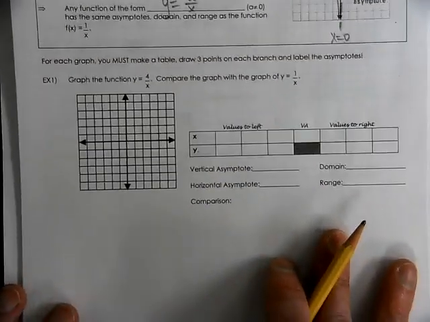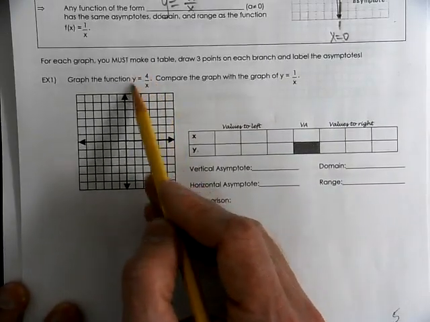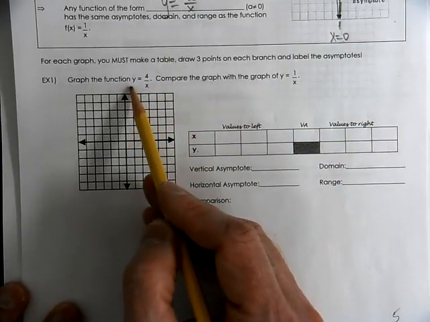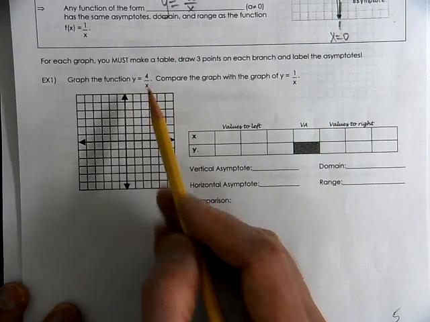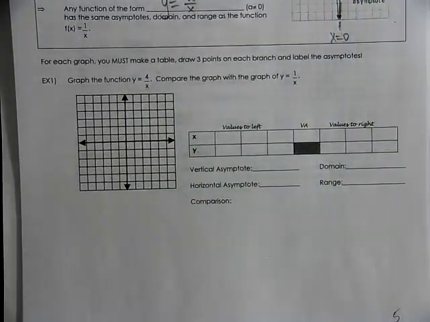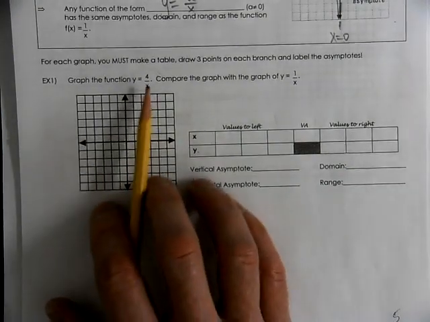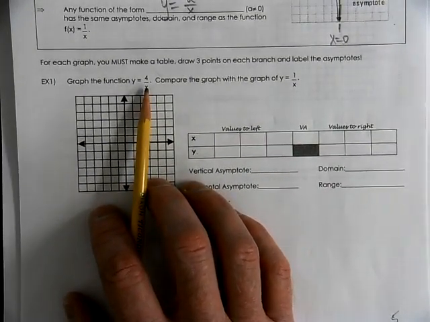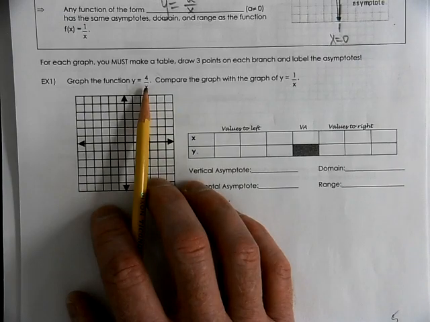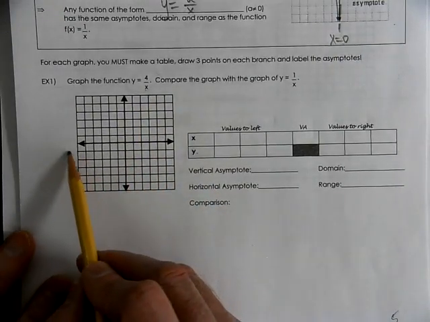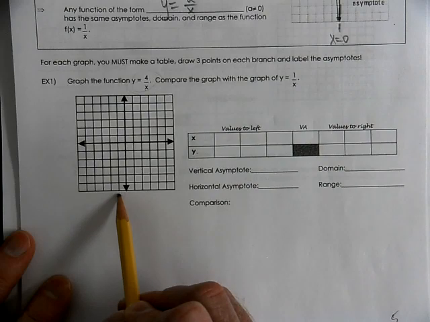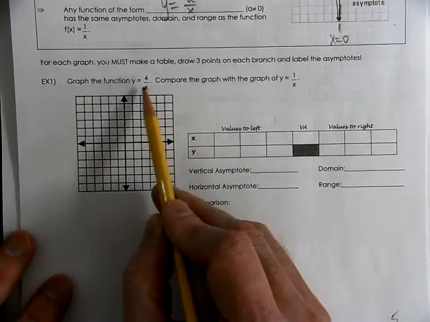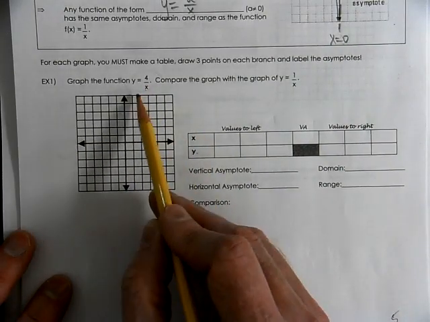So let's try. Notice what we're trying to graph. Y equals 4 over x. That's in that same format of 1 over x. It's a constant number over x. So I know that we're going to have a branch down here and a branch in the first quadrant.